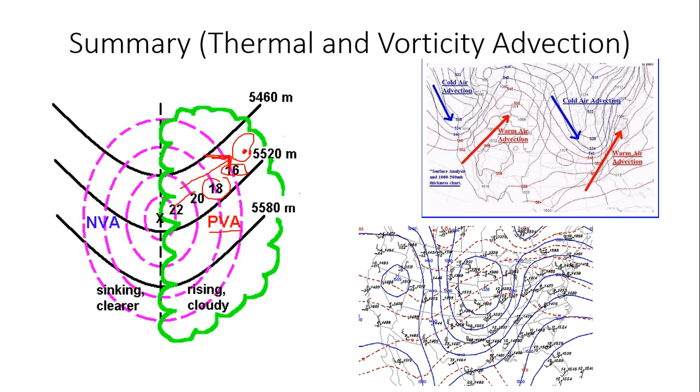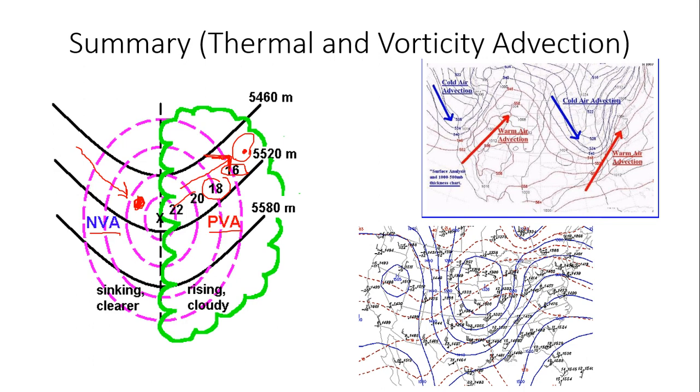Now, behind the shortwave trough axis, let's analyze what's happening at this point, right here, a big red dot. My winds are blowing parallel to my height contours. They're geostrophic in nature. There's no friction at 500 millibars or 18,000 feet. Now I have lower vorticity values moving towards my location. Behind the shortwave trough axis, lower vorticity results in negative vorticity advection, NVA.